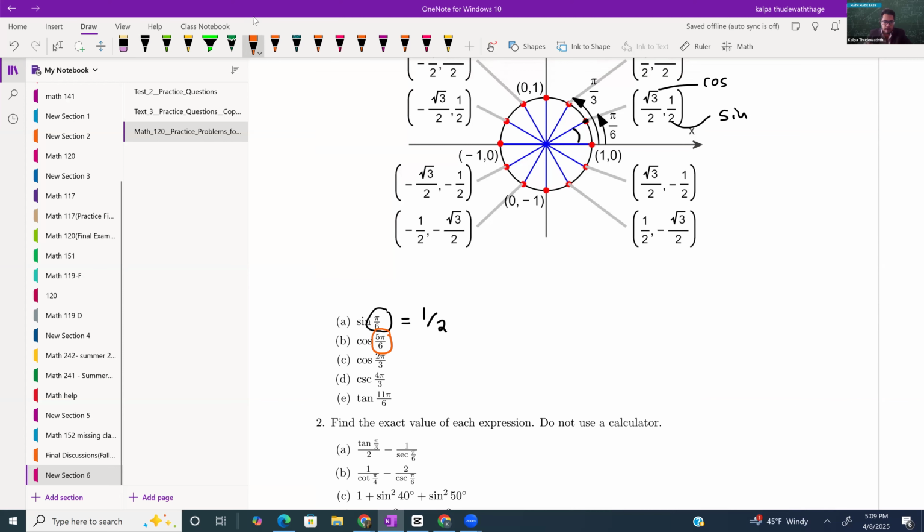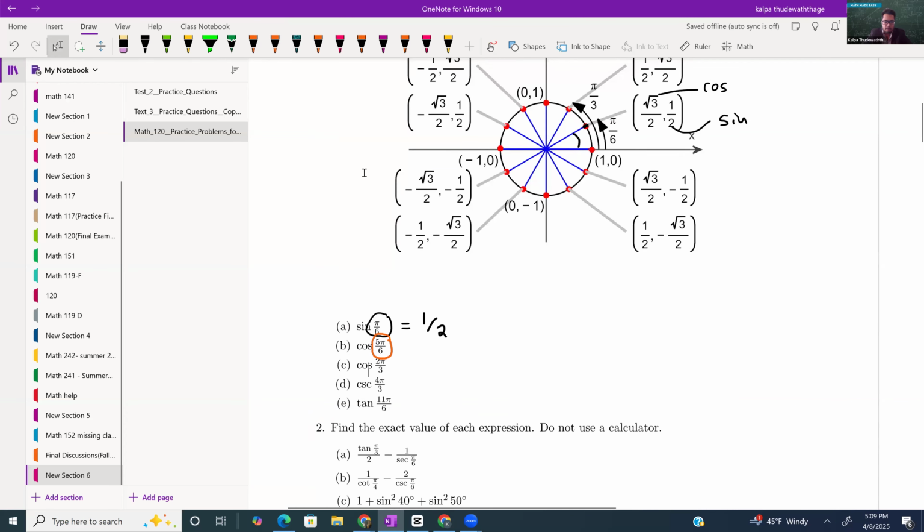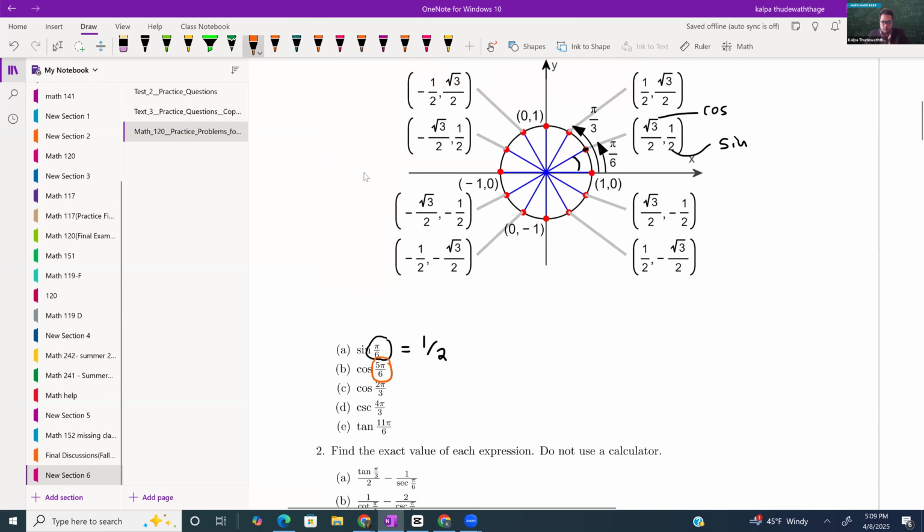So you have to look at that angle, 5 pi over 6. So this is 1 pi over 6, 2 pi over 6, 3, 4. Let me use a different color, okay? Maybe this one. This is 1, 2, 3, 4, 5. Okay, this is the angle, 5 pi over 6.